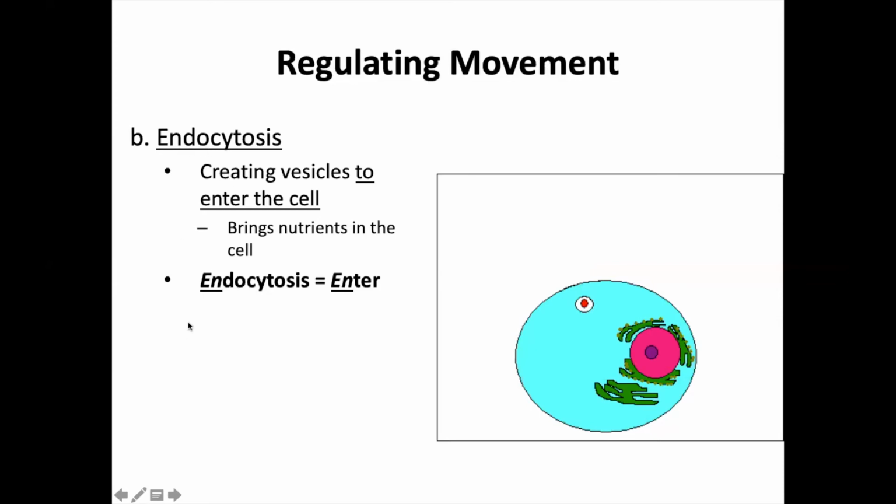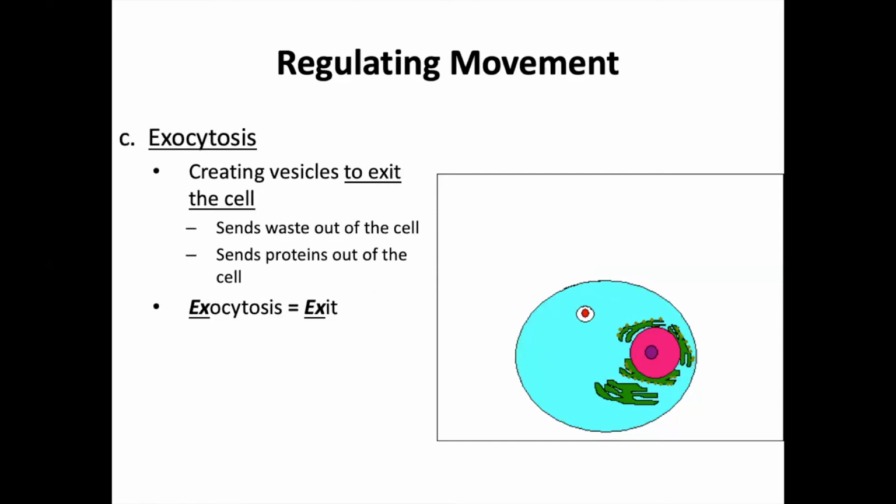Endo means to enter. Endo means inside. And cytosis means having to do with the cytoplasm. So what we're doing is causing this bubble, this vesicle, to enter the cytoplasm. So endocytosis, entering the cytoplasm with a vesicle.